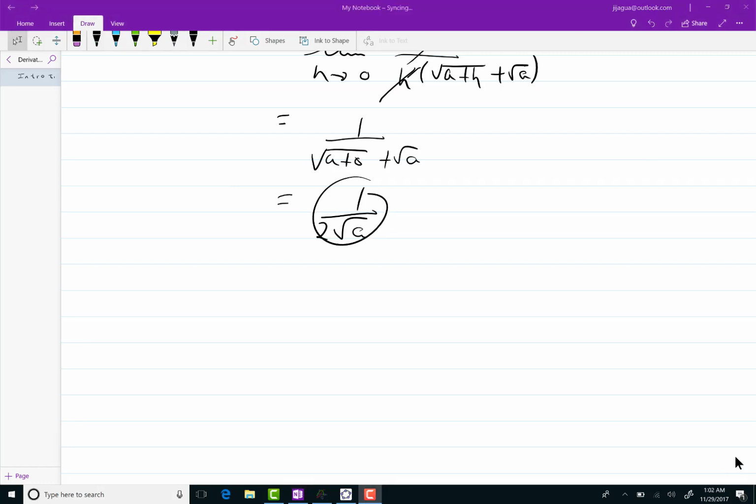Okay, a lot of the times we would prefer to think of the derivative as a function. So when we had f of x equaled radical x, f prime of a equals 1 over 2 radical a.